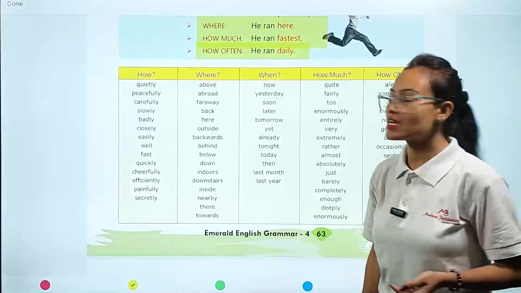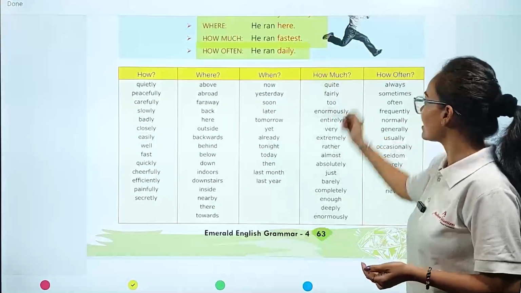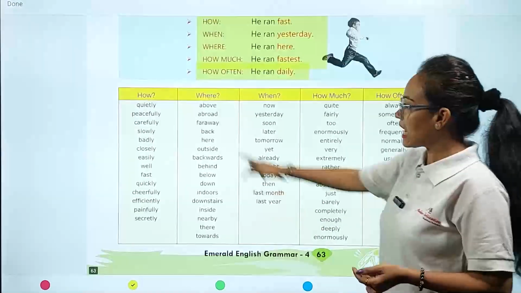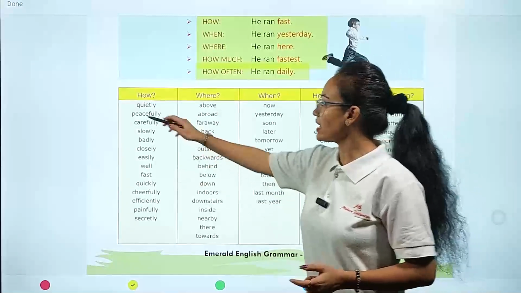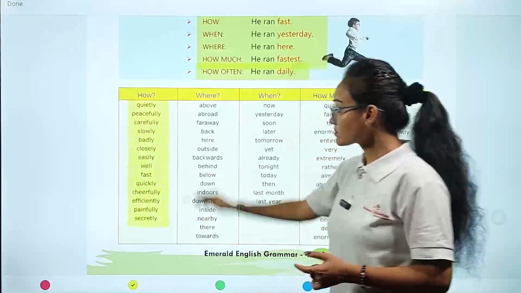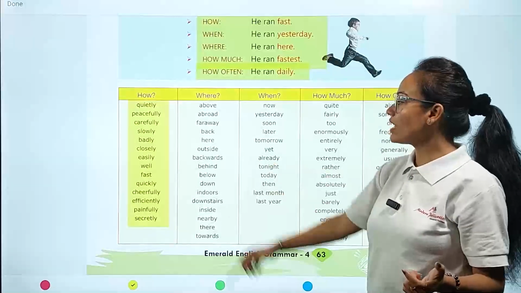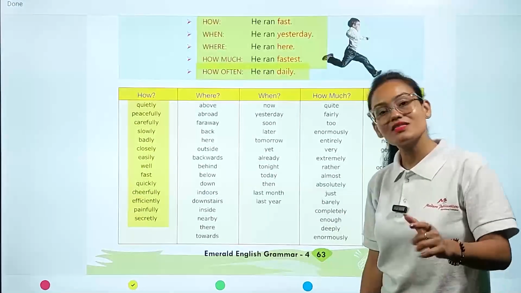In how, we are going to use words like quietly, peacefully, carefully, slowly, badly, closely, easily, well, fast, quickly, cheerfully, efficiently, painfully, and secretly.